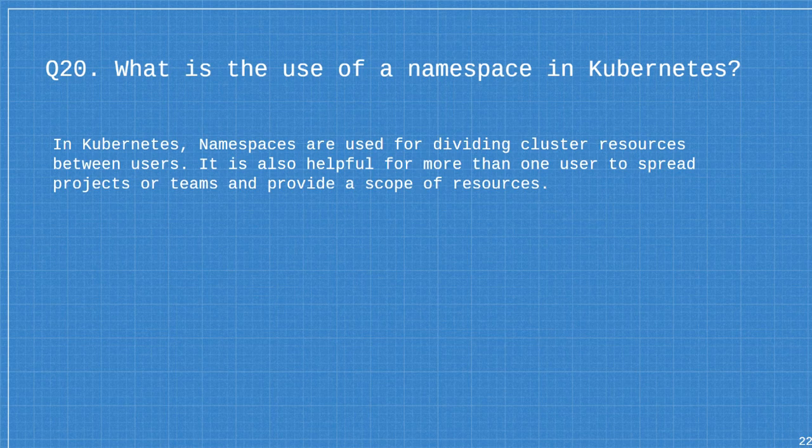Plus it provides a logical boundary between resources of one namespace and another namespace. You can't directly call a service in another namespace. There are ways available by external name, but not directly. So we can define logical boundaries by using namespaces.